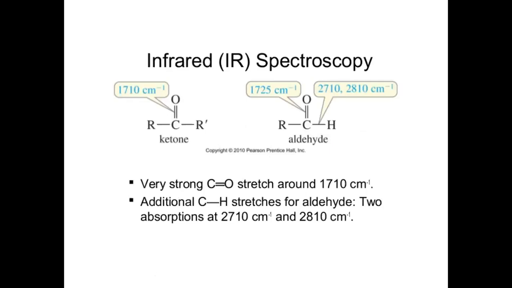Then for infrared spectroscopy, the ketone and aldehyde have a very strong carbon double bond oxygen stretch around 1710 per centimeter. And then there are additional carbon-hydrogen stretches for aldehyde, with 2 absorptions at 2710 and 2810 per centimeter.